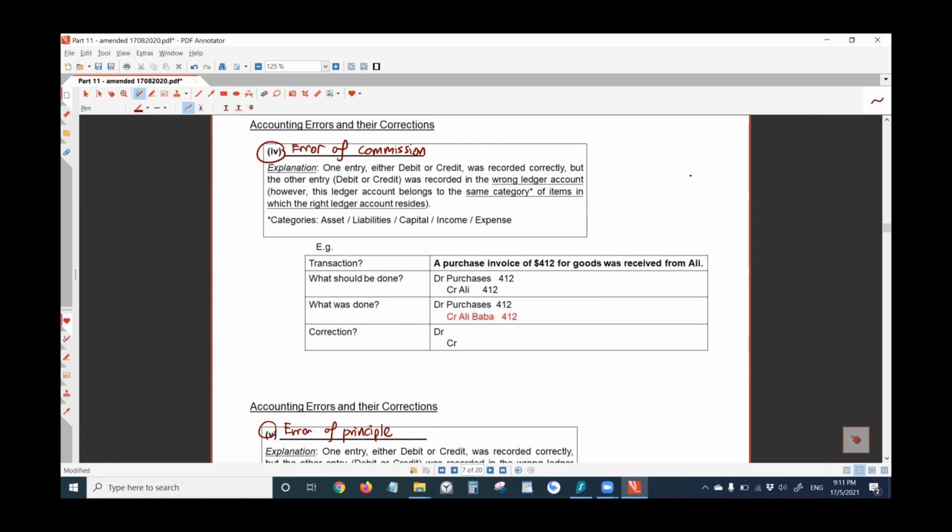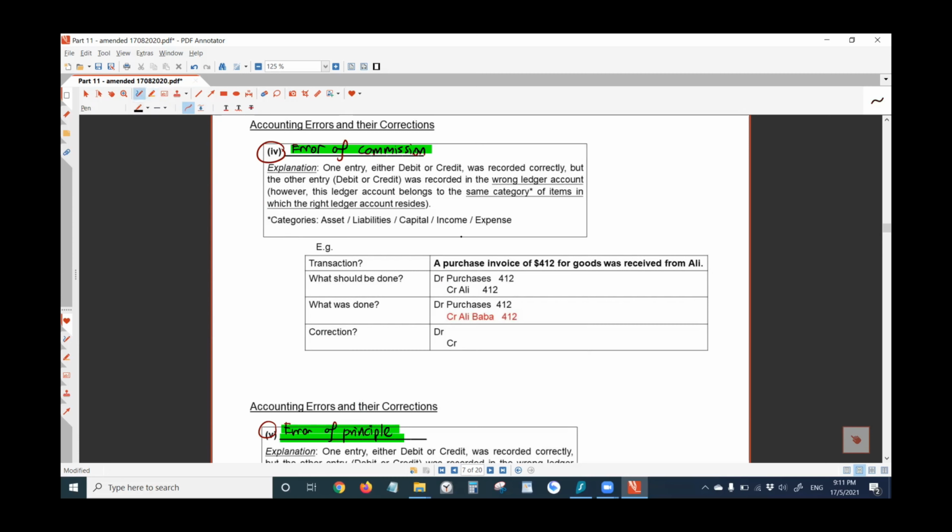Before we read the explanation, we look at the examples first. Through the examples, you can better understand the difference. Error of commission and error of principle are quite similar to one another, but different. Let me highlight them. We focus on the example under error of commission first.